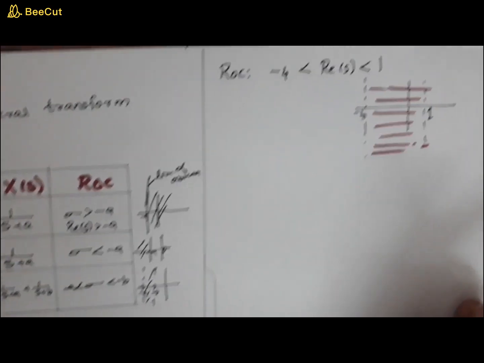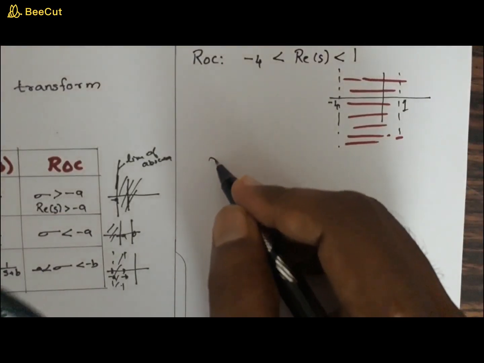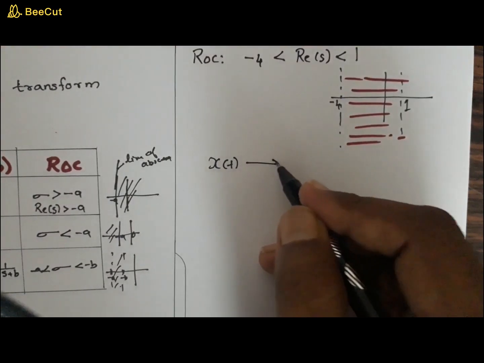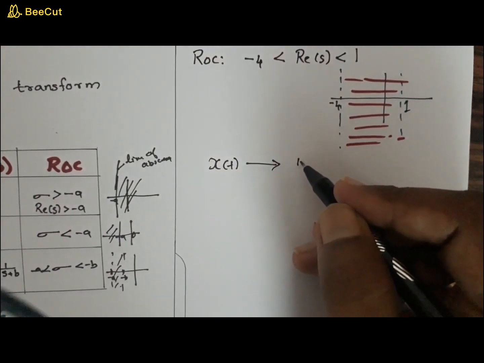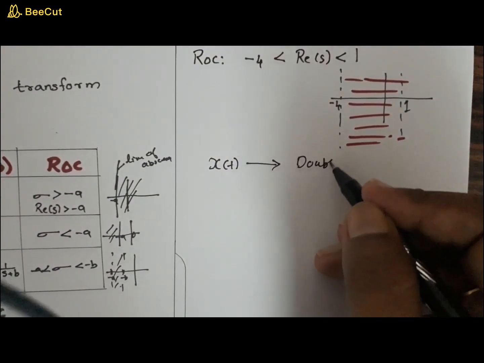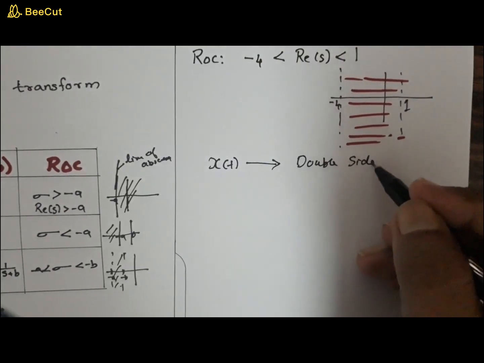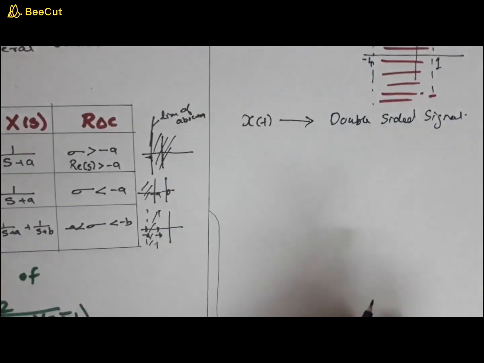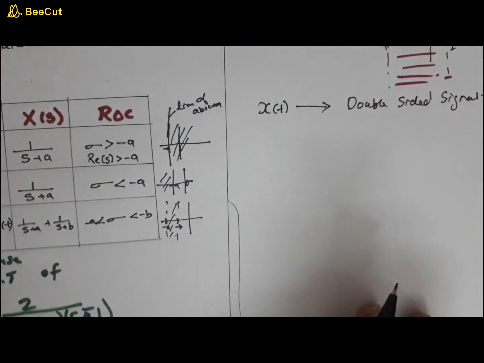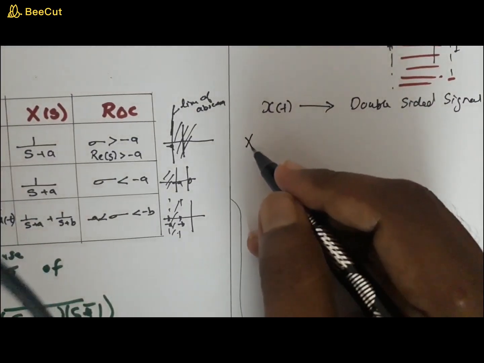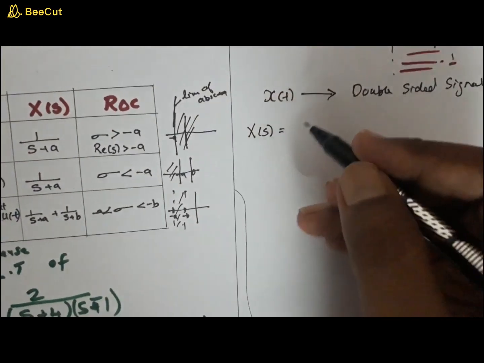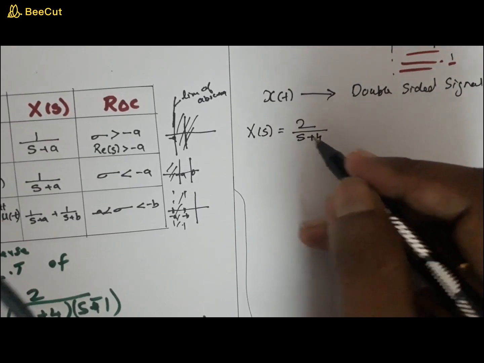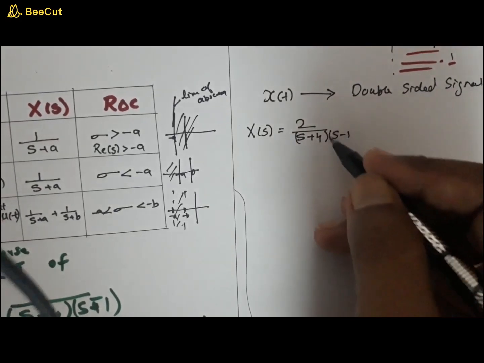So even before finding out your x of t, you got an idea about the signal, that this is a double-sided signal, right? This is the information that you should know before finding out this signal. Now again, you start as you do in the case of a unilateral transform: 2 over (s plus 4) into (s minus 1).